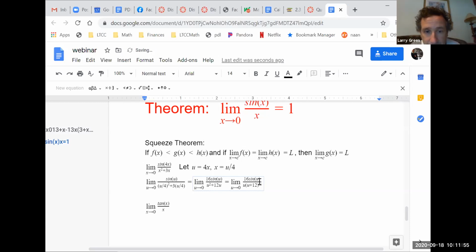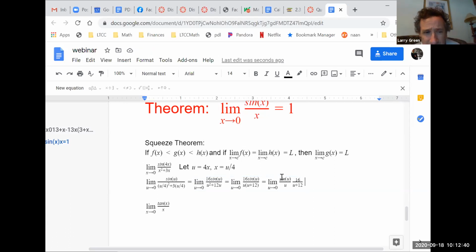Now I can use the big theorem that we had at the very beginning that says you can do any algebra you want as long as things are nice. I can split this up, and I can rewrite this as sine of u over u times 16 over u plus 12. Just basically rearranging.